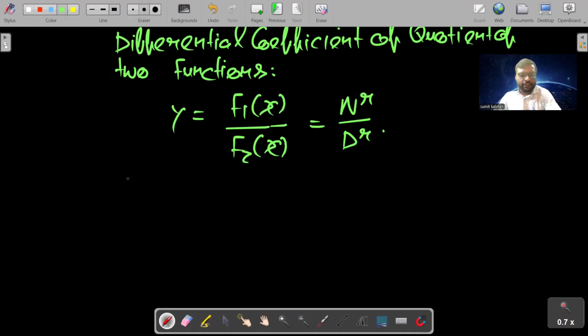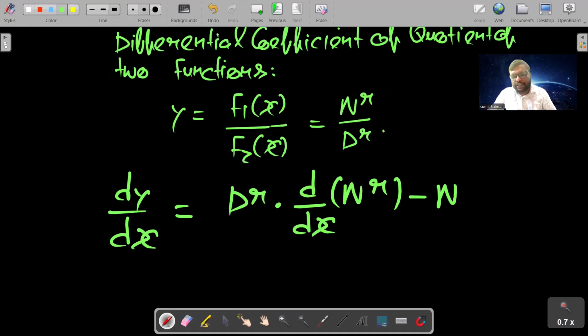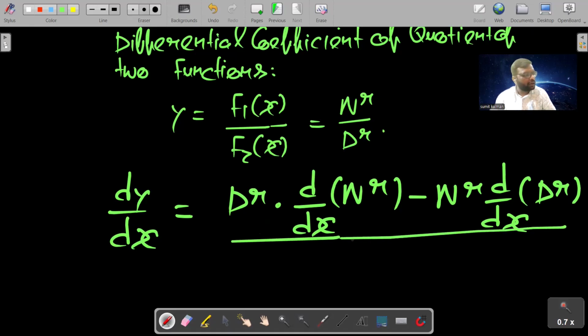So here dy upon dx will be equal to denominator into derivative of numerator, that means d upon dx of numerator, minus numerator into d upon dx of denominator, upon denominator square.